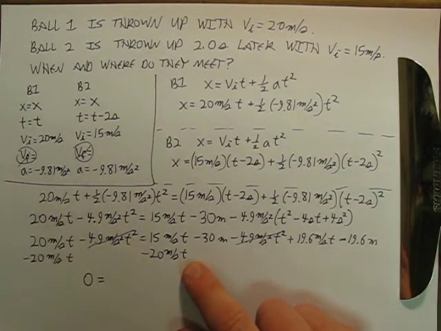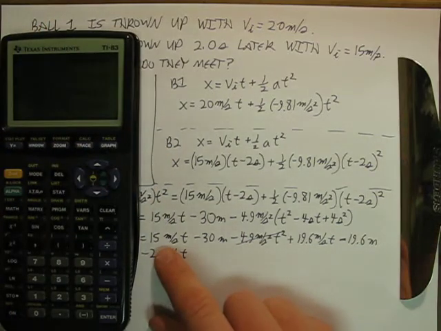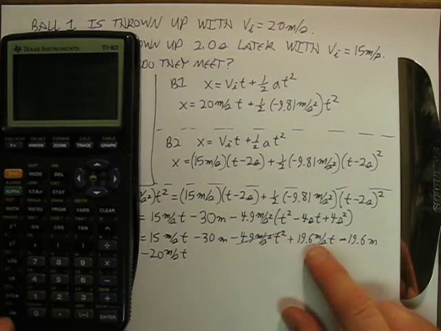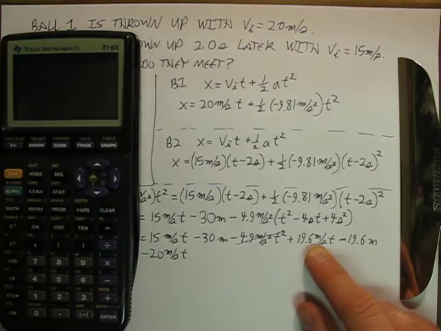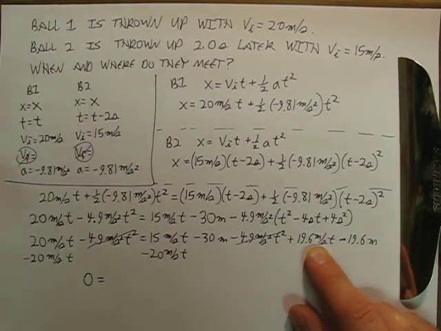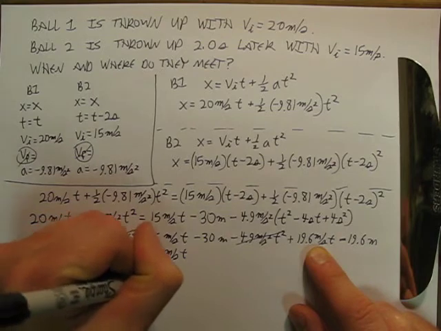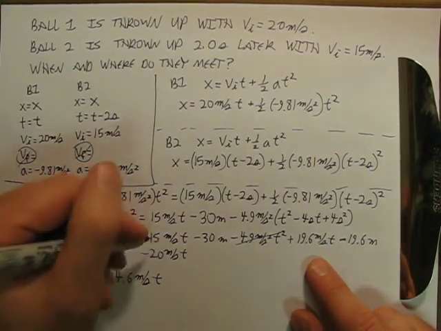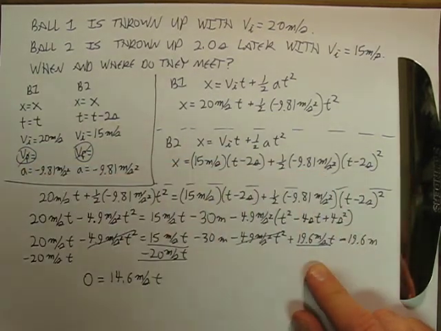And if I look at my meters per second terms, I'm going to have 15 minus 20 plus 19.6. So I'm going to get 14.6 meters per second T, which takes care of this term, this term, this term, and that term.